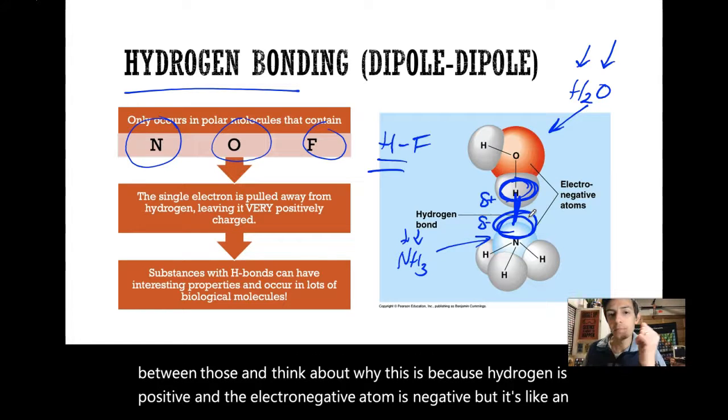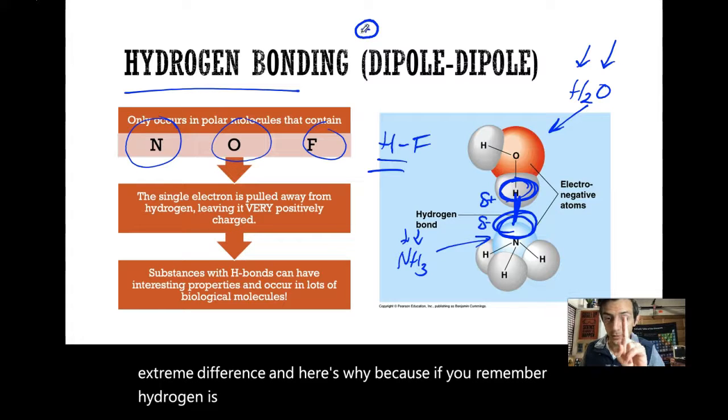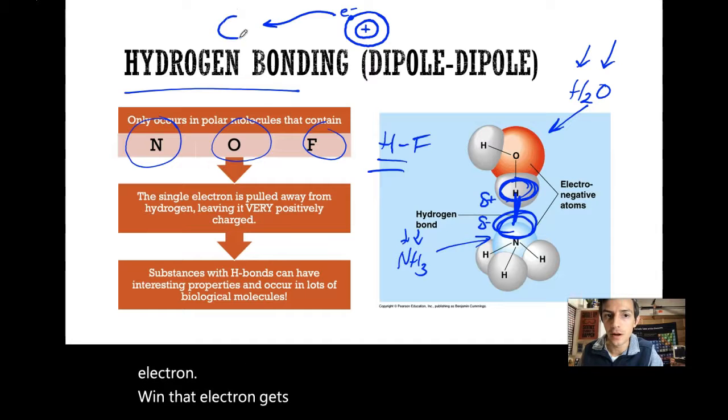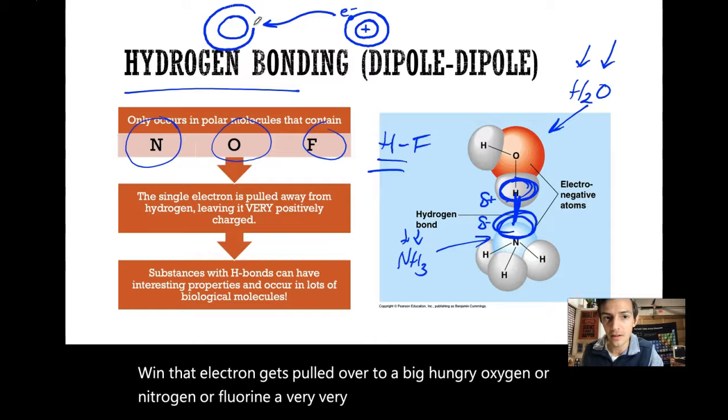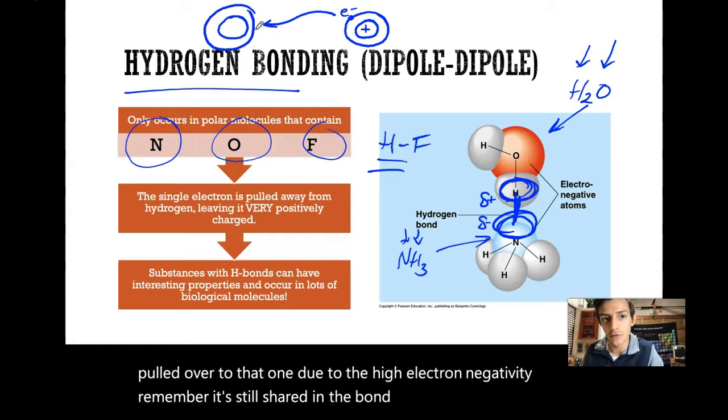And here's why. If you remember, hydrogen has one proton, the number 1, and a single electron. When that electron gets pulled over to a big hungry oxygen or nitrogen or fluorine, a very electronegative atom, it's still shared in the bond, but it gets pulled over more often towards the oxygen.